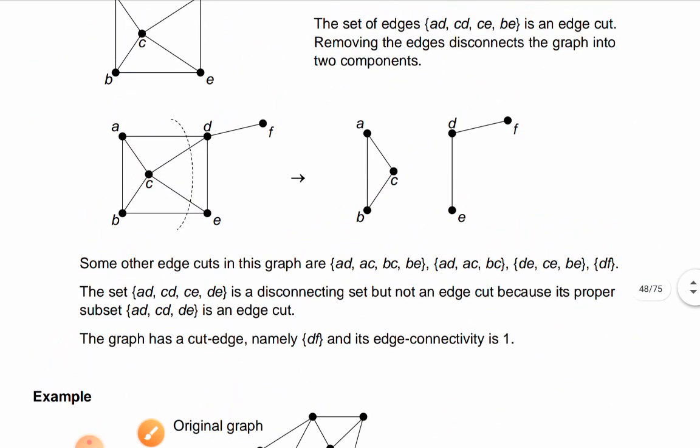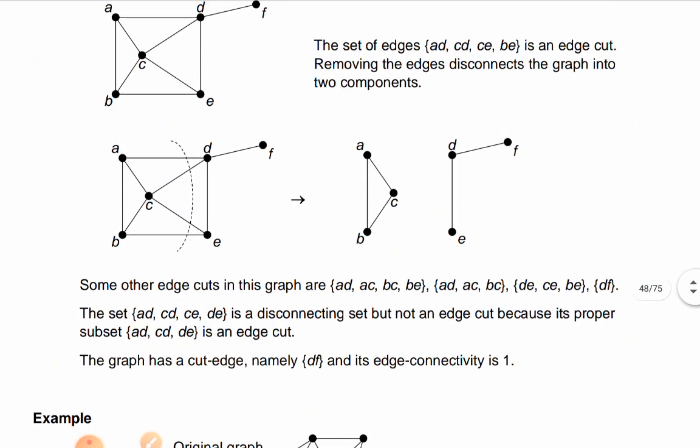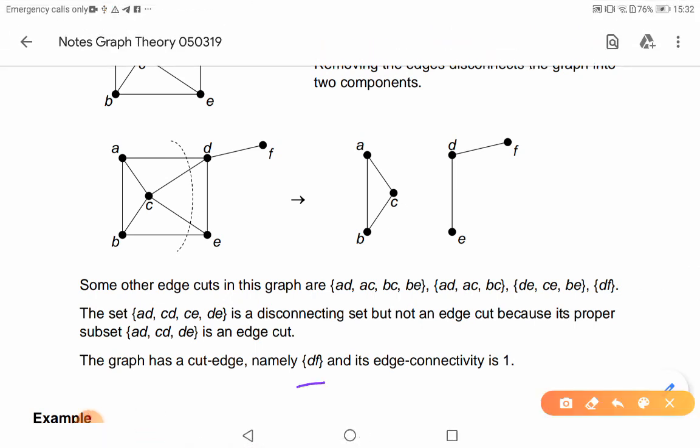Okay. So if you cut DF, DF is only one cut edge. You will disconnect the graph. So we say that DF is a cut edge. Okay, the graph with cut edge DF, its edge connectivity is 1.